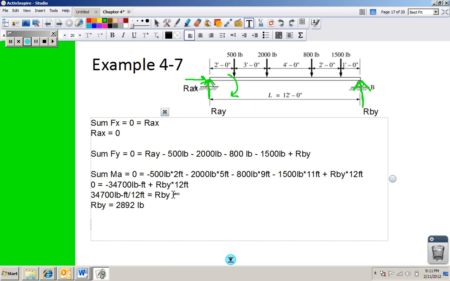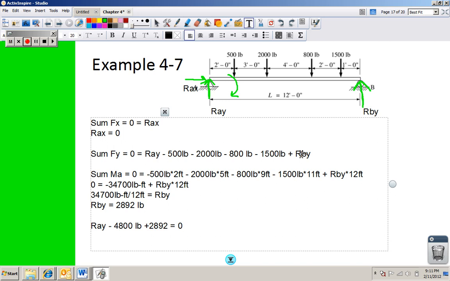Alright. So now I can take this number, plug it back into sum of forces Y. Alright, so I have RAY minus, let's combine all those, 500, 2,000, 800, 1,500, minus 4,800 pounds plus 2,892 equals 0.